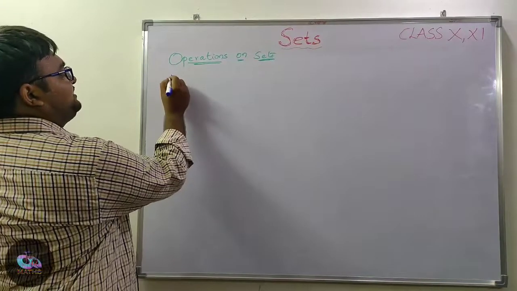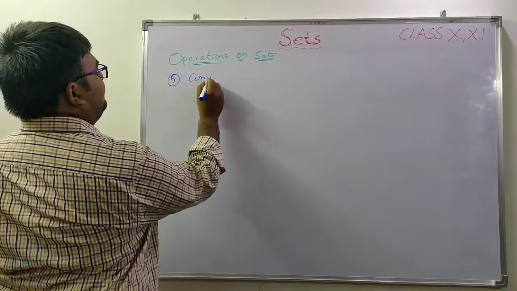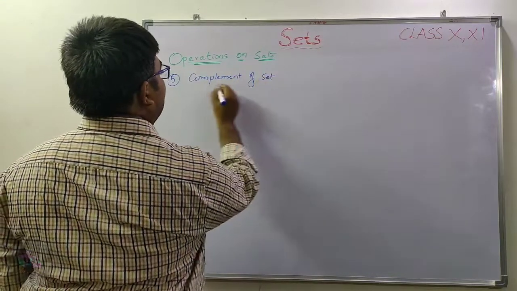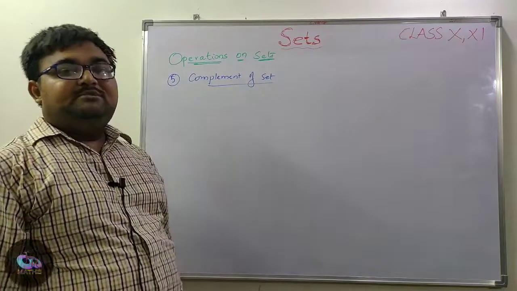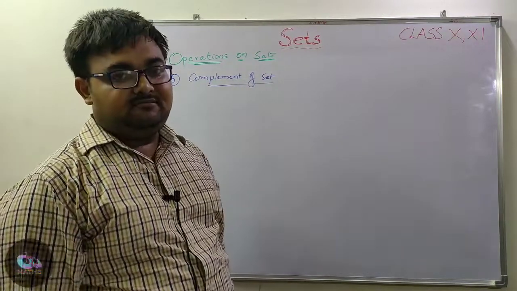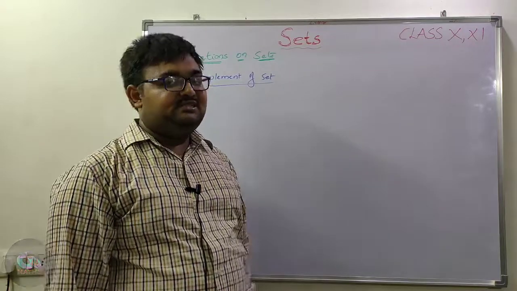The next operation is complement of set. Suppose you have a set A and you have universal set mu.